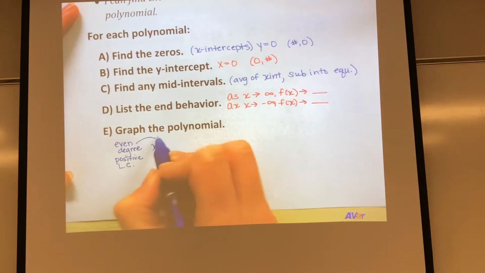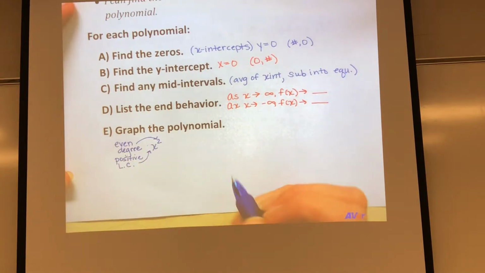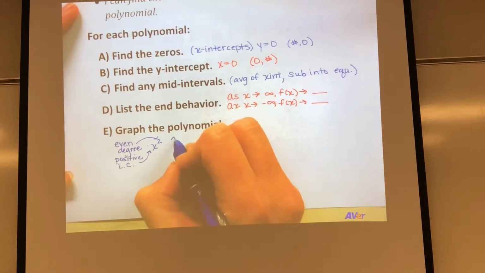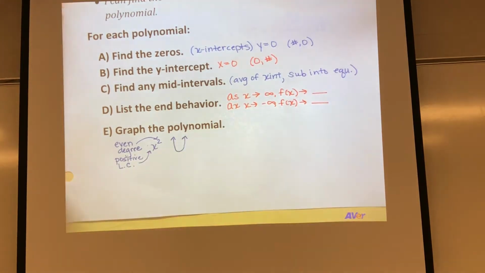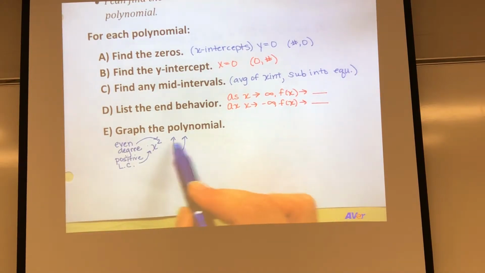See how the degree is even and the leading coefficient is positive. This 1 right here is positive. Those all resemble a parabola. Now sometimes in the middle they've got things that go up and are weird looking, but they're all going to have both of their ends going up.